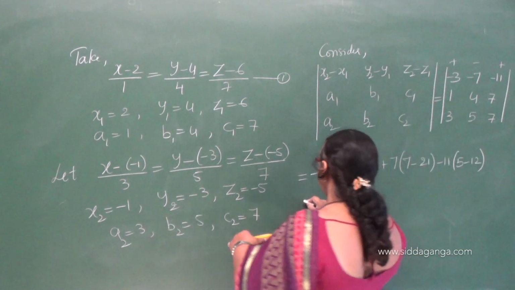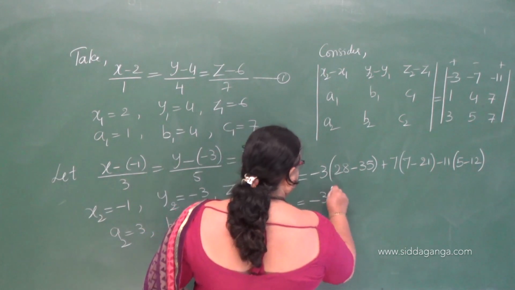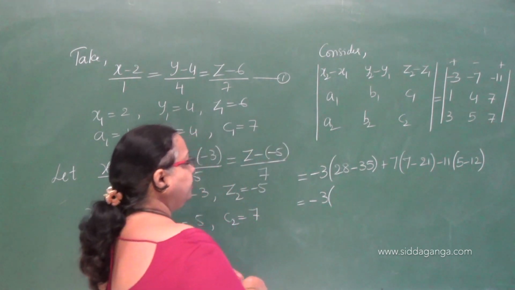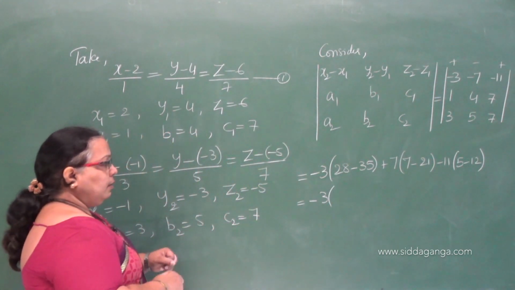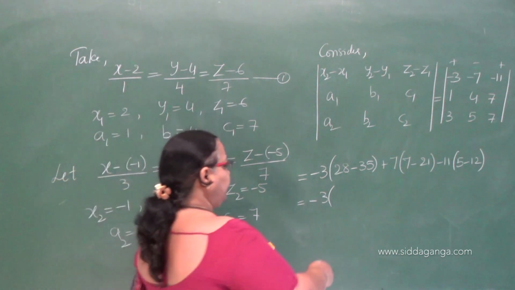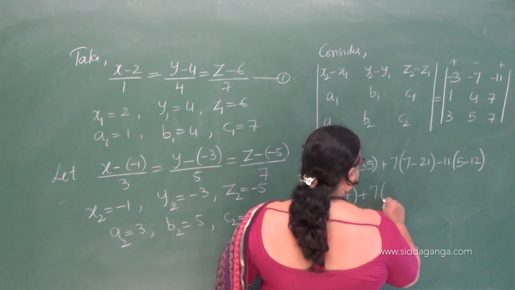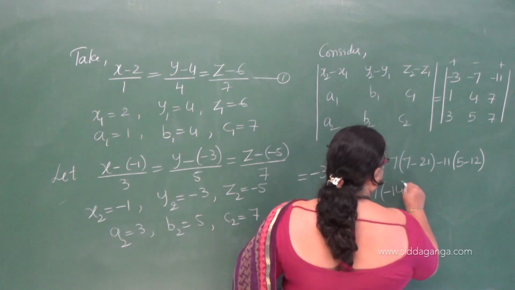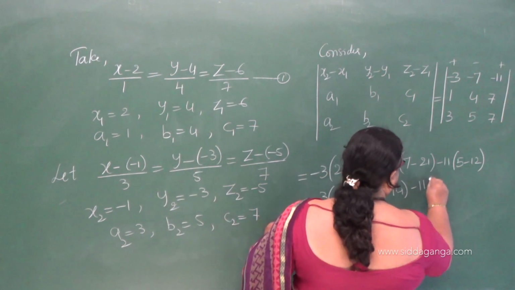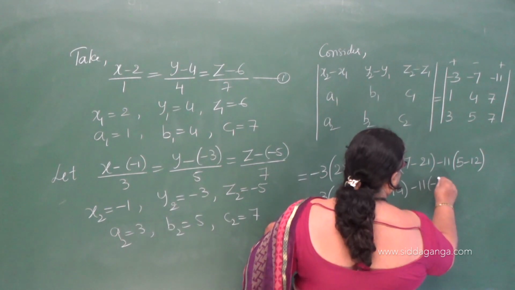Now this is equal to minus 3 into minus 7, plus 7 into minus 14, minus 11 into minus 7.